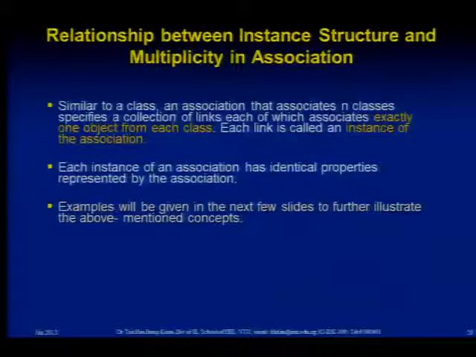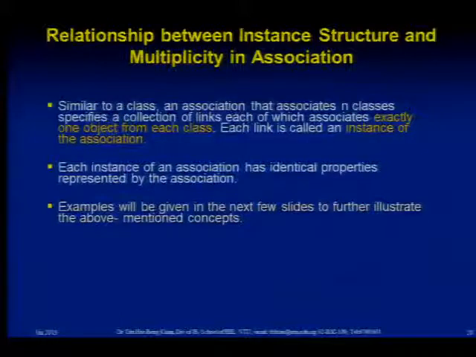Okay, from this slide onward, we are going to study how multiplicity affects the instance structure of an association. Multiplicity implies quite a lot of meaning to associations. So we are going to have some examples to illustrate this. When you define a class to specify a collection of things that have the same property, then each thing is an instance of the class.